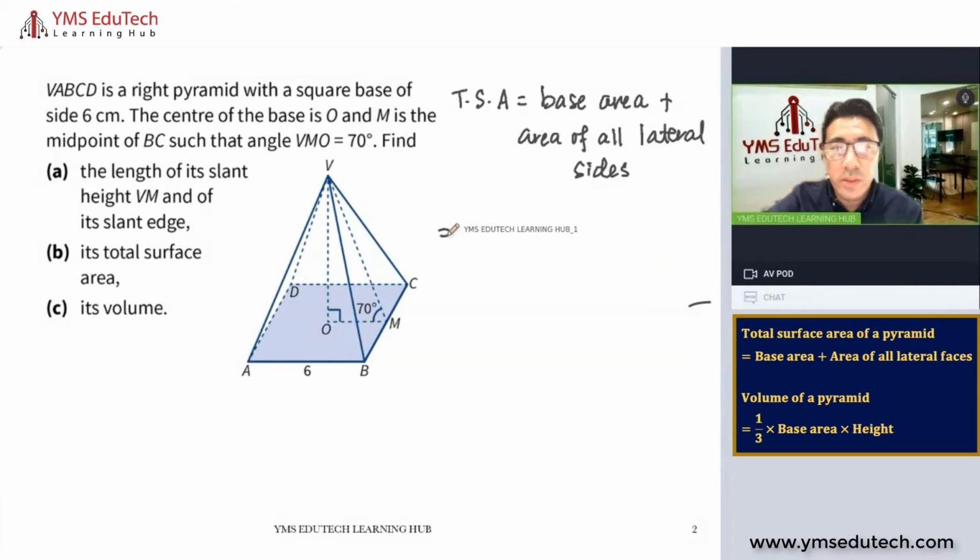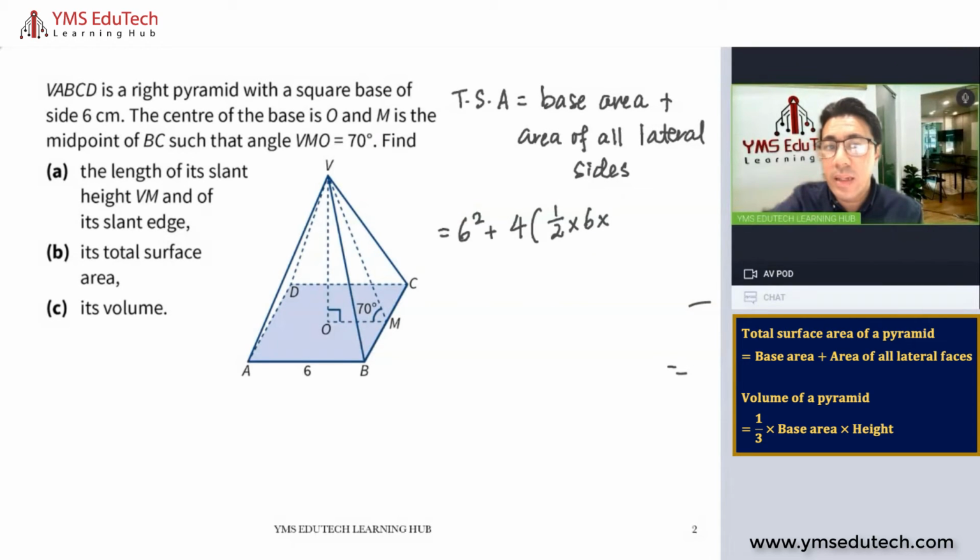Base area, which is a square, 6 squared, plus, now there are 4 equivalent triangles here. So we have 4 multiplied by half multiplied by the base of the triangle multiplied by the lateral height.